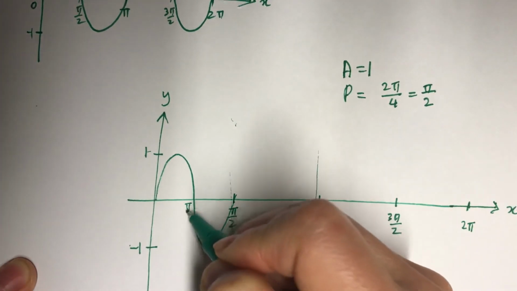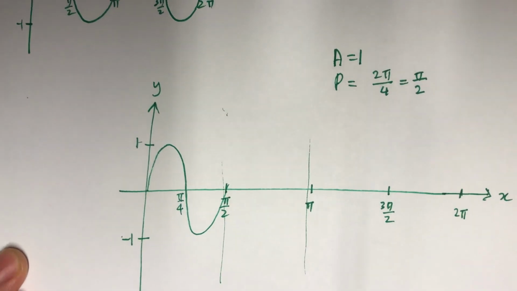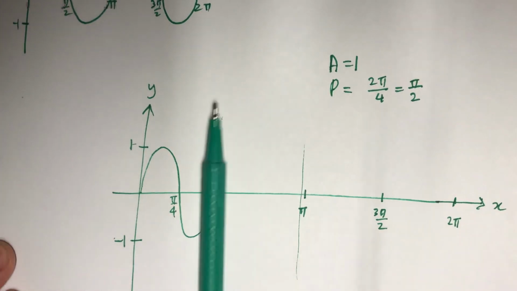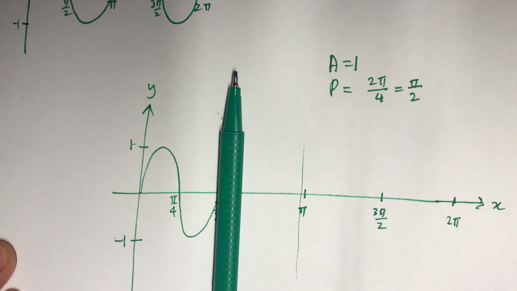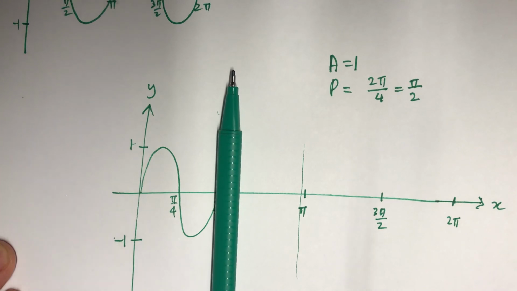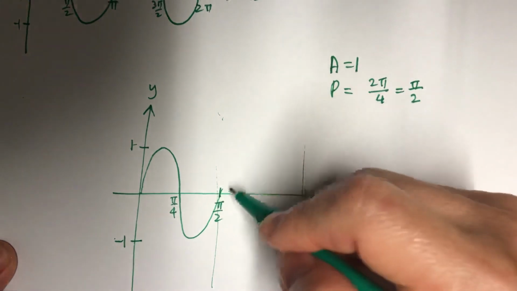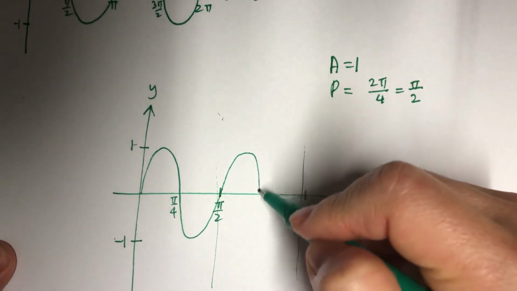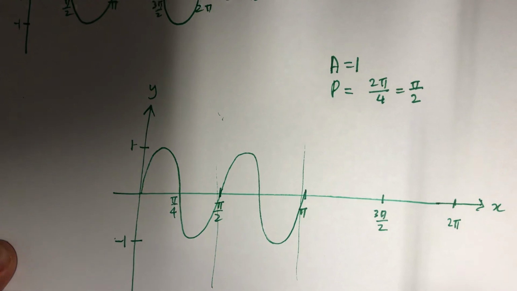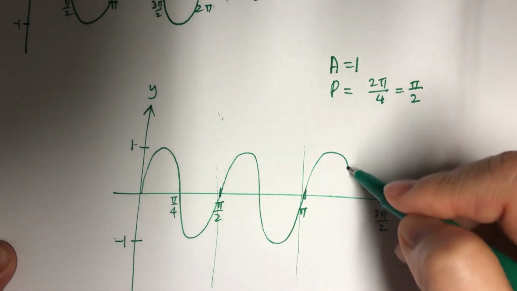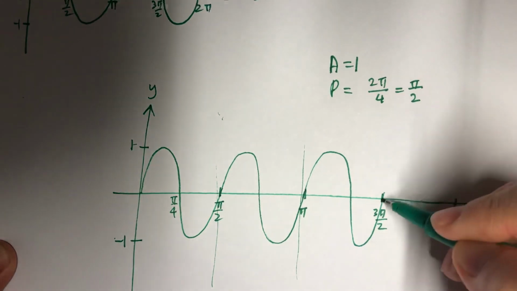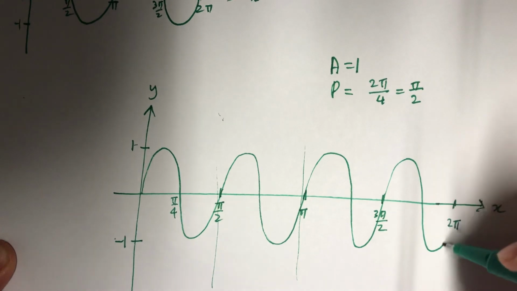So that's my pi over 4. That's one pattern, okay? That's the whole one period. And there are 4 of them, 4 lots of pi over 2 in a 2 pi. It's a bit hard to say. And then completely like that, and also roughly and roughly.